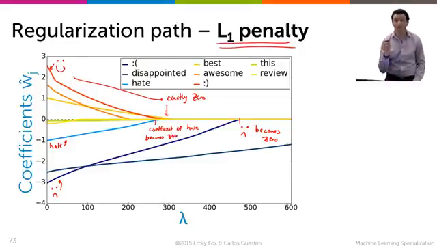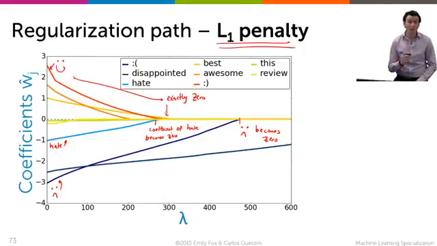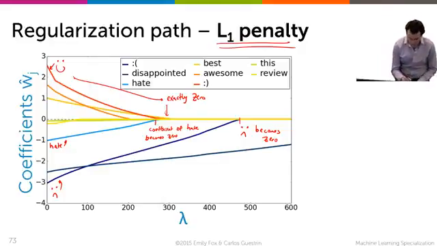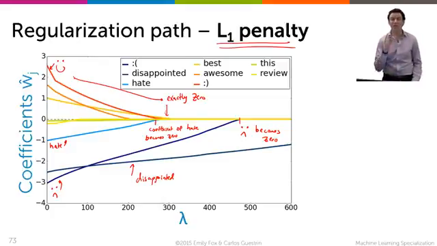Just a quick reminder: these are product reviews, and we try to figure out whether it's a positive or negative review for the product. And we can look at which coefficient stays non-zero for the longest time. This is exactly this line over here, where it never hits 0. And this is the coefficient of the word disappointed. You might be disappointed to learn that the frowny face is not the one that stays non-zero.